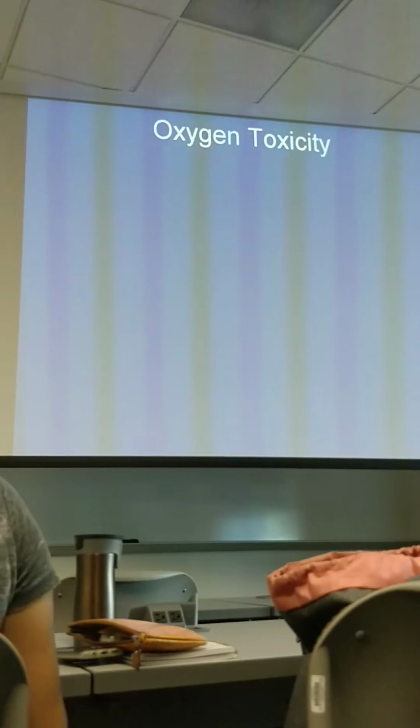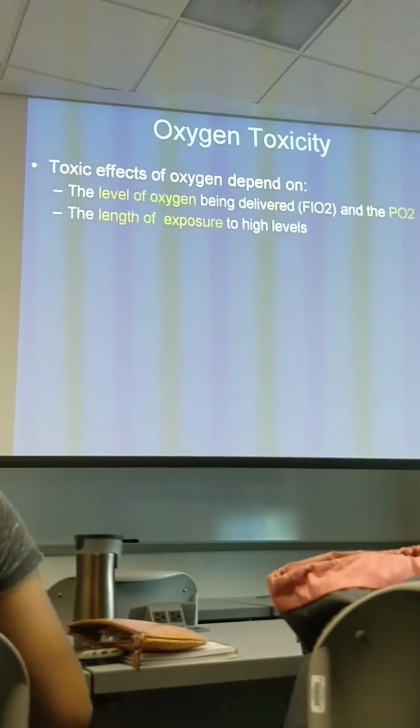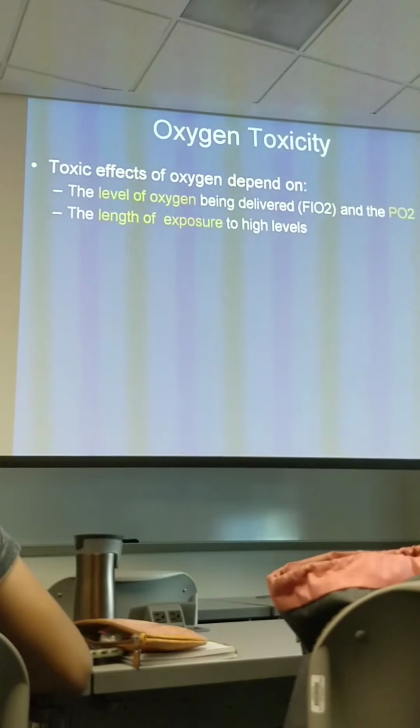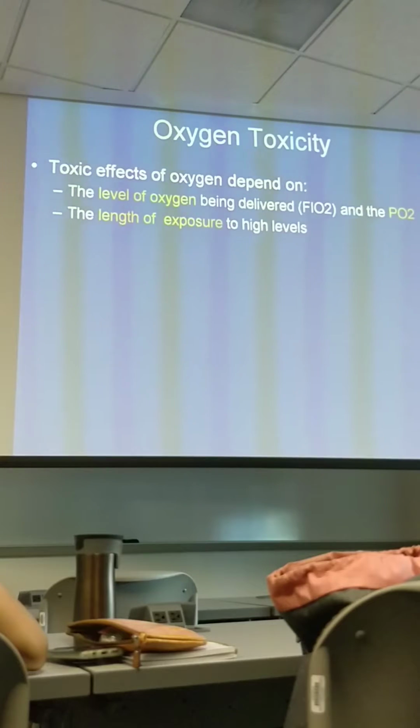Oxygen toxicity depends on how much oxygen you're giving, how high the PO2 is, and the length of exposure to the high levels of oxygen as to whether you're going to develop these issues. So when does oxygen toxicity occur?